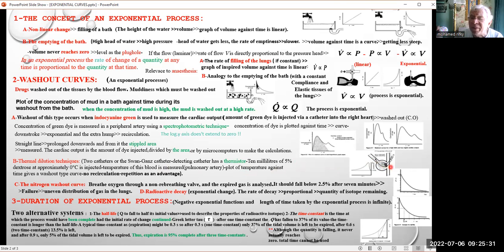A thermistor is a device to measure the temperature. So we have a probe in the right atrium, and we have another probe in the pulmonary circulation to measure the temperature changes. So whenever I inject 10 cc of glucose at 0 degrees into the circulation, of course, it becomes warm, reaching the pulmonary artery.